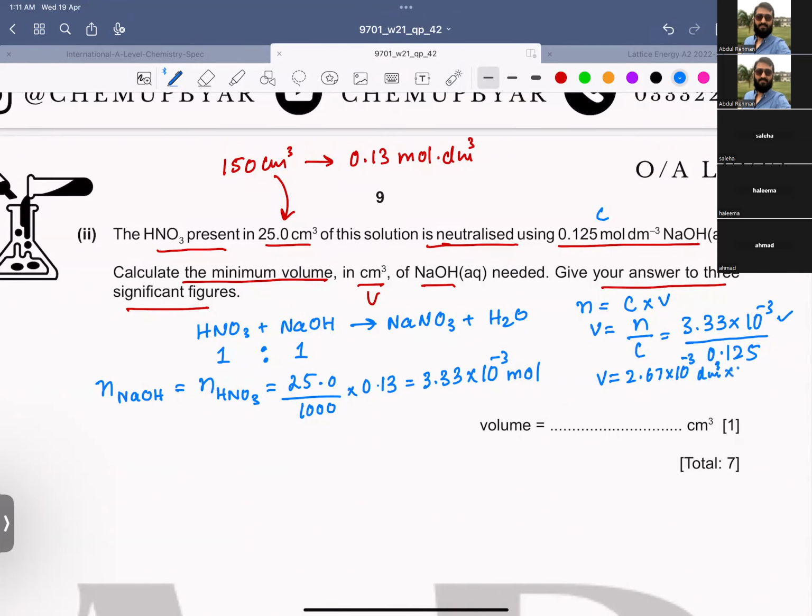So you have to convert it to centimeter cube over here. Multiply this by 1000 would give you 26.66667. So I just write 26.67.